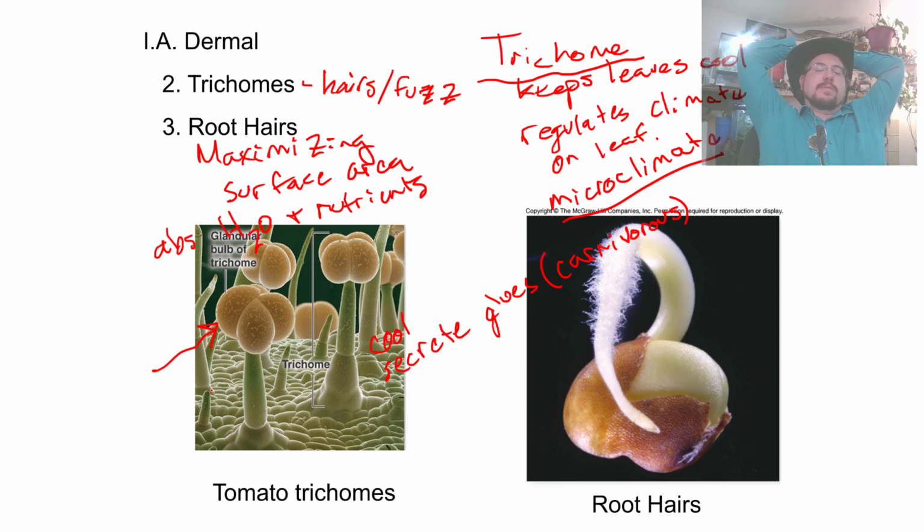So it can glue herbivorous insects to the stem, and basically if they can't move around, they starve and die. So it's a good adaptation against herbivory.